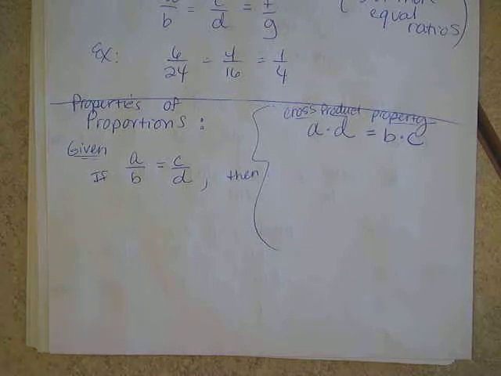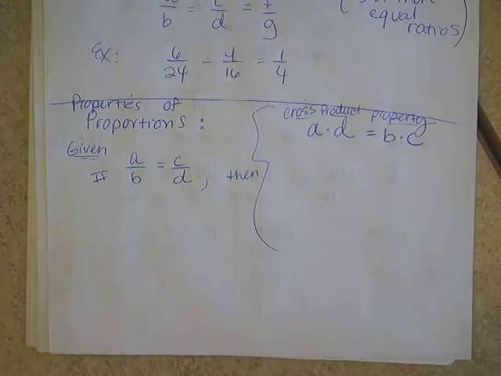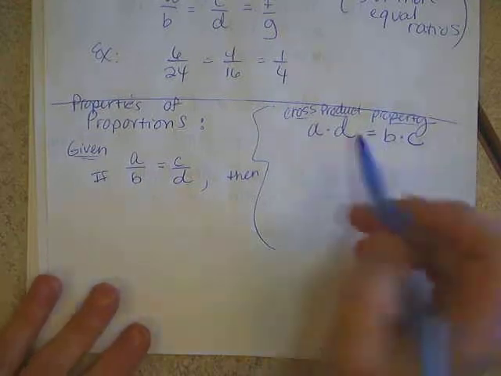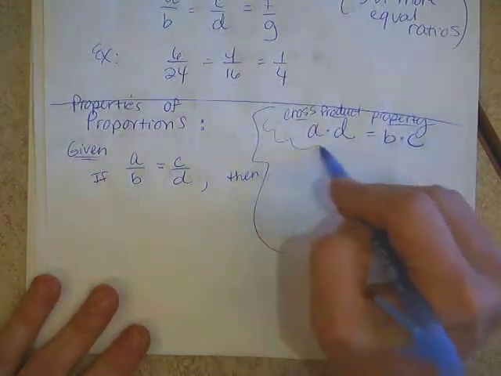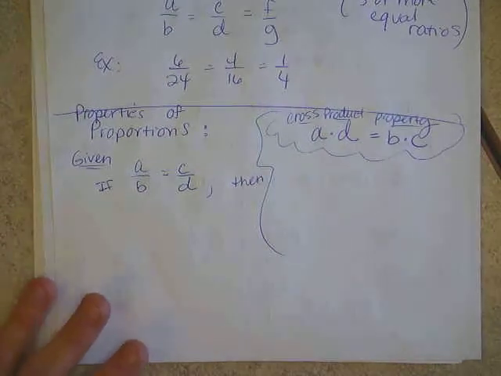They lose their equal sign, okay? It has to be an equation because you have to be able to continue on and solve it. Or we use the cross products sometimes to check proportions and see if they're accurate, okay? If you check the cross products, they should be equal if the proportion is good, okay? So this one specifically is the cross product property.